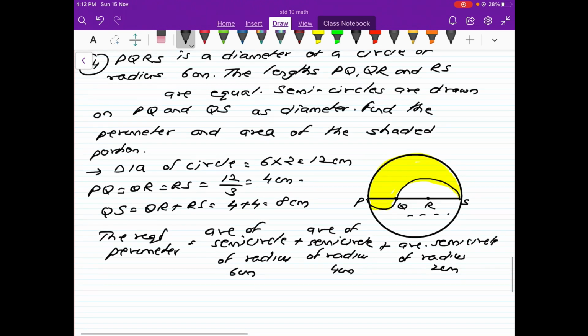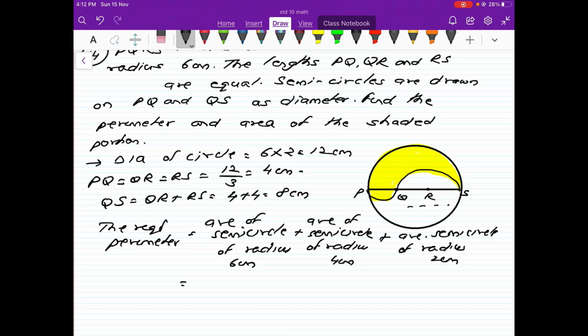So if we add all this, we will do this in a simple way. This is pi d, because they are semicircles, and this is by 2, so this is 12 pi centimeters. So that is the answer.